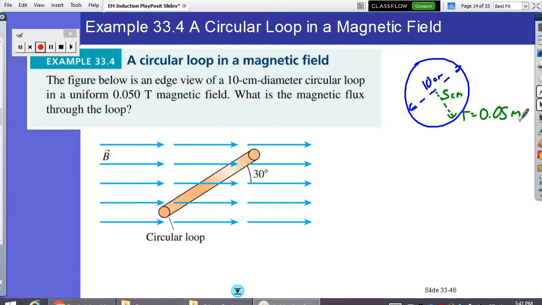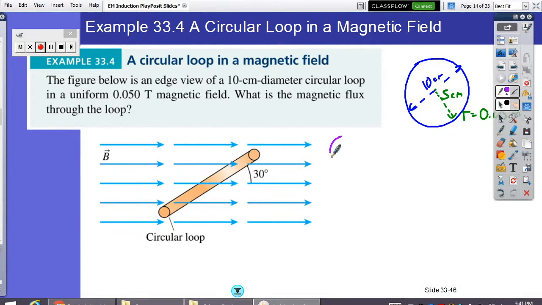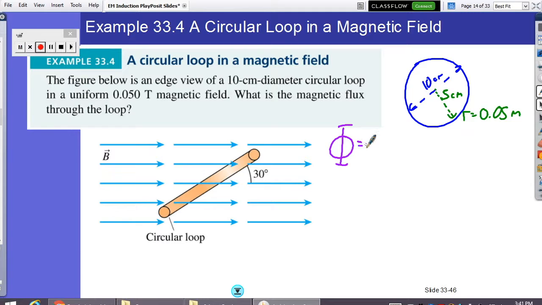We also have to recognize that our flux here is not all perfectly perpendicular to our surface. So we are going to get B times A. That's going to be pi r squared, because it's a circle, and I know that. And in this case, I got to figure out, what is our component this way?